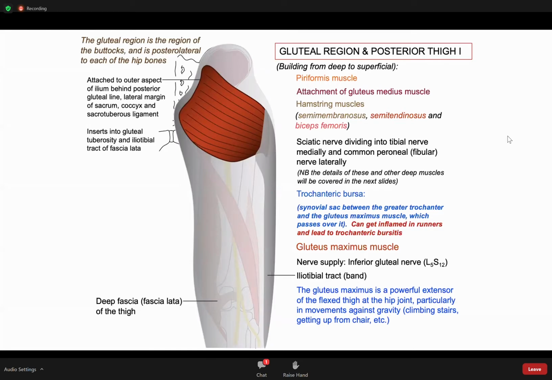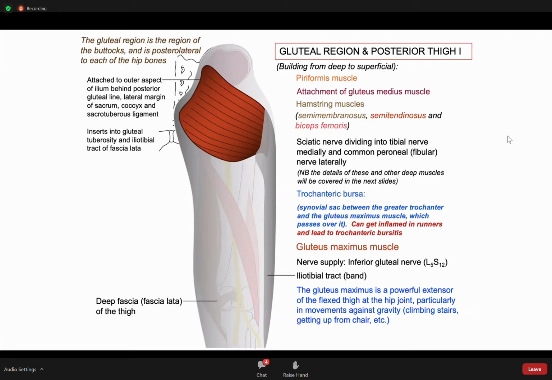Now, gluteus maximus, what is it doing for me? It's a powerful extensor of what? Flexed thigh. What do you mean by flexed thigh? I'm sitting on a chair and I'm rising from there. That's the time. If my thigh is flexed, just put your hand on your gluteus maximus while you're standing.